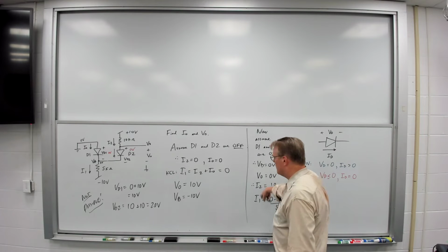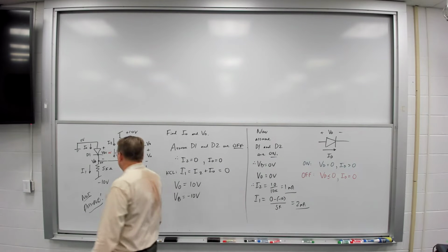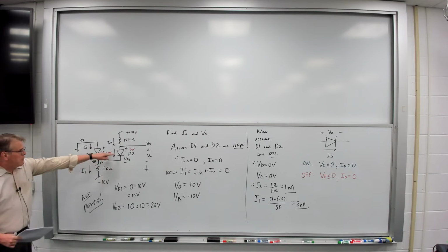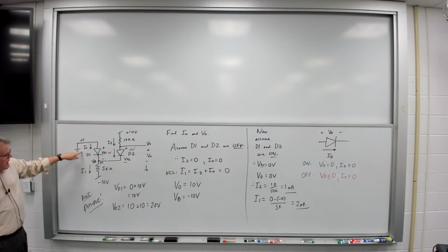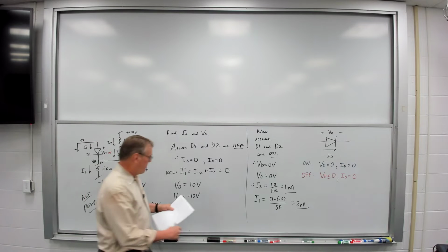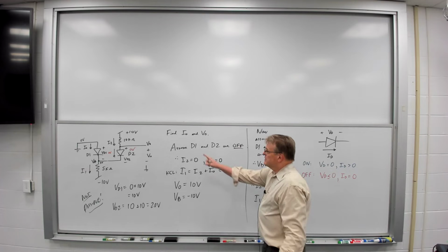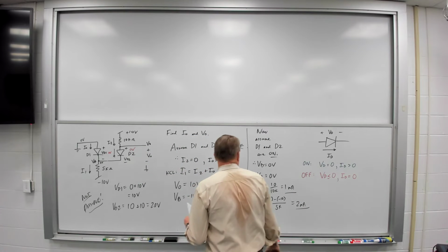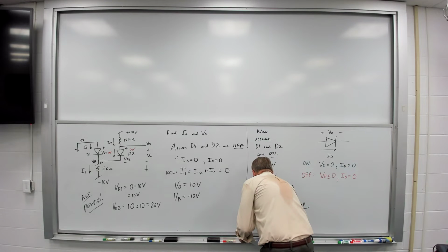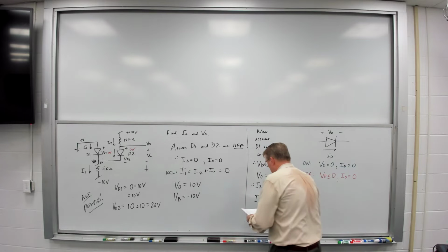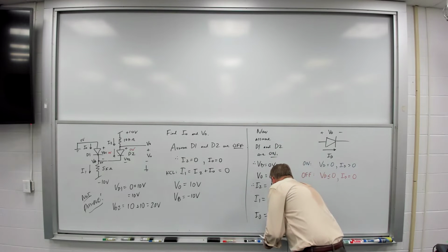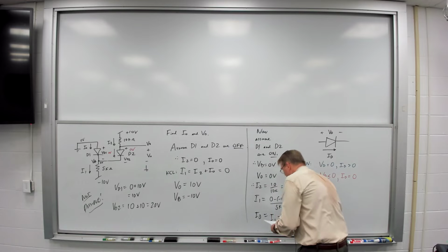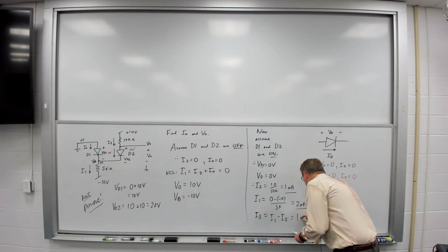So I can calculate those two currents directly. And now that I know those two currents, I can calculate I0. Since I0 plus I2 are equal to I1, I0 is going to be equal to I1 minus I2 by KCL, which is equal to 1 milliamp.